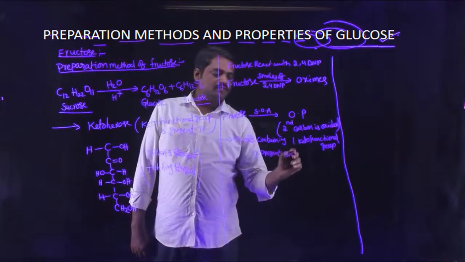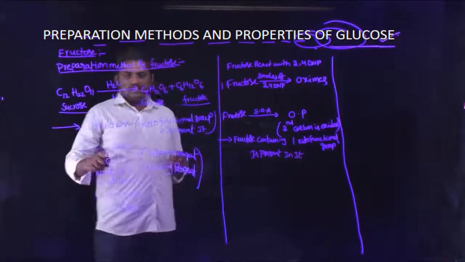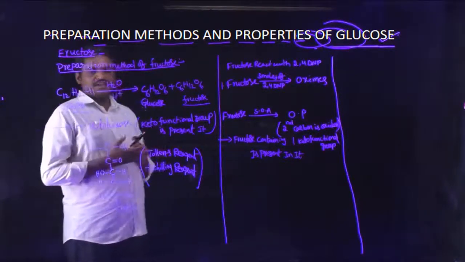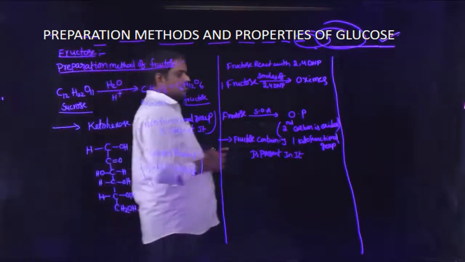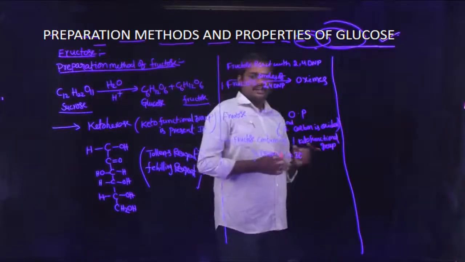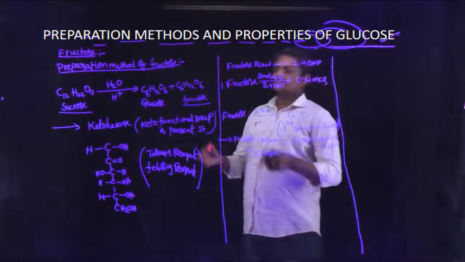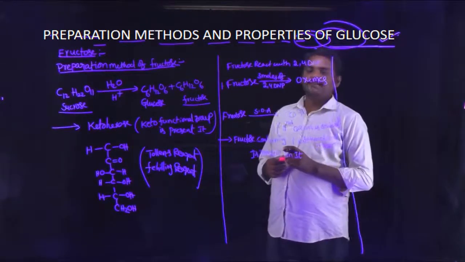In this structure, the molecule reacts with powerful oxidizing agents, like KMnO4, K2Cr2O7, and concentrated HNO3. So many powerful oxidizing agents are there.